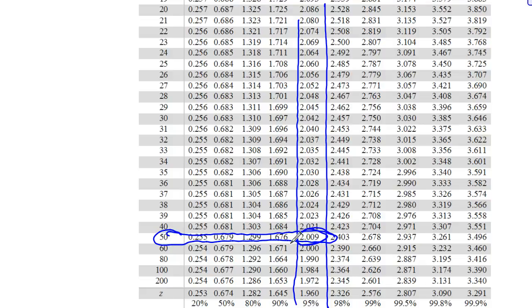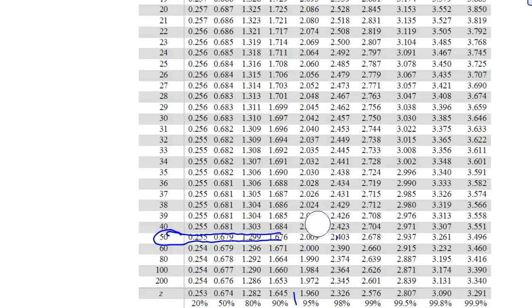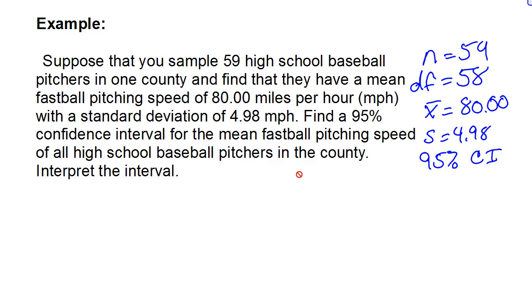Remember to always go to the one below what you need. So we're going to use a t alpha divided by 2 equal to 2.009.